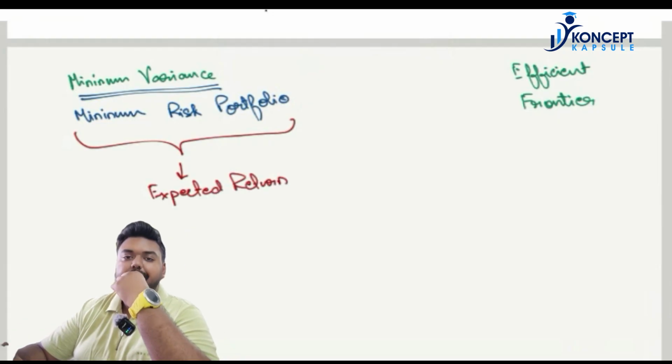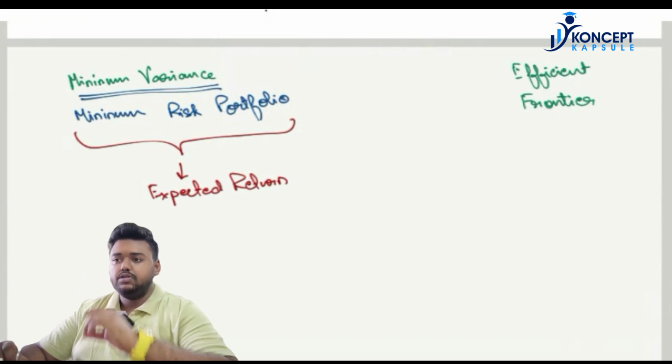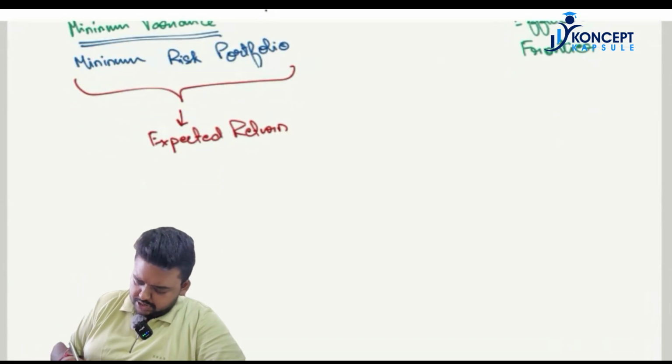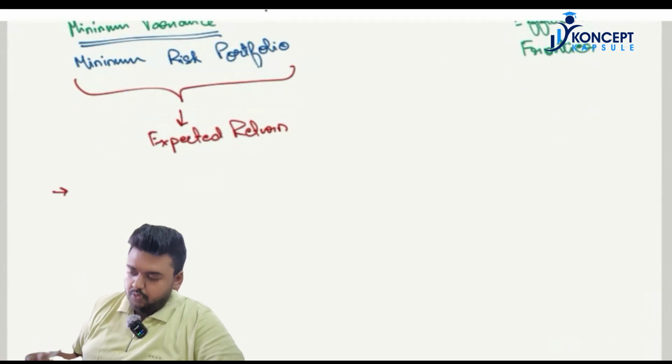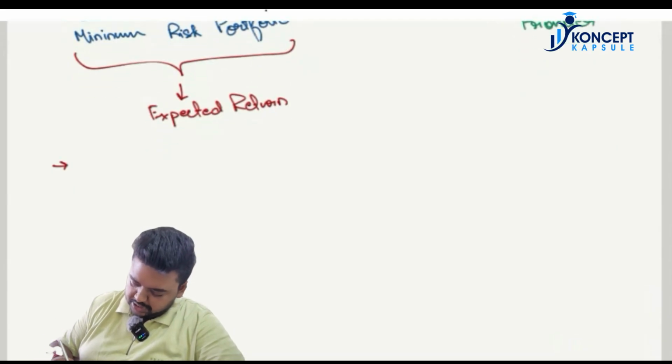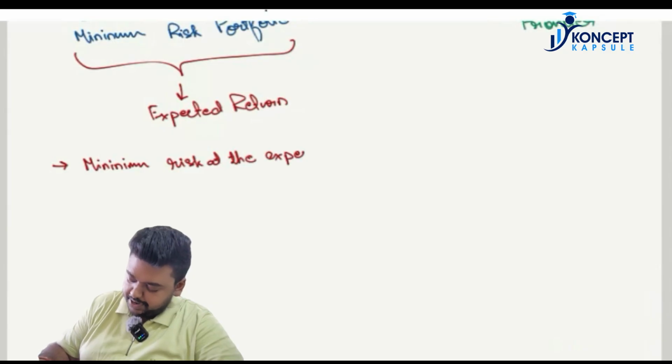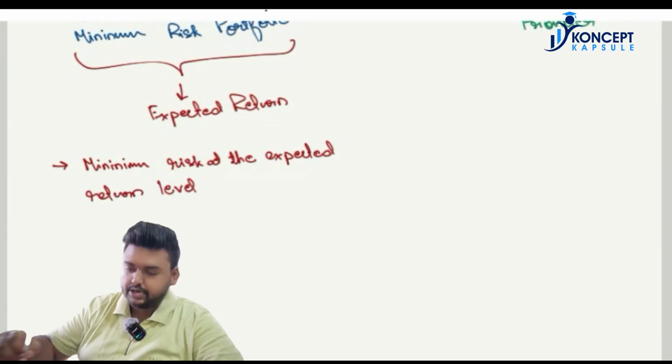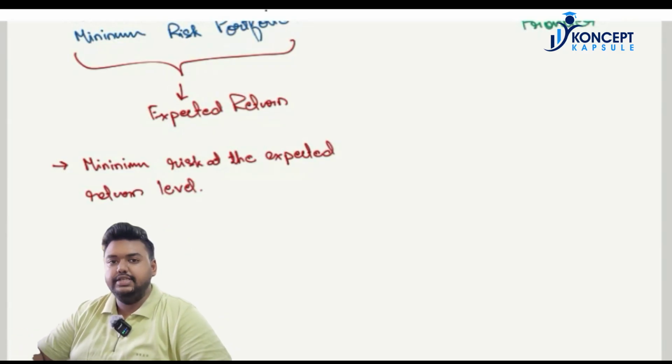Now we come to the definition. Minimum variance portfolios are those portfolios that have the minimum risk at the expected return level. So what does it mean?